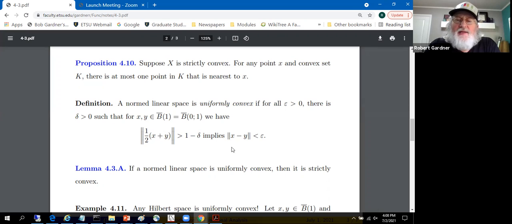But then that implies, the statement is, x minus y in the norm is less than epsilon. So the only way we can get, very informally here, 1/2 (x plus y) that vector to have a norm close to 1 is to have x and y close to each other. Well, that kind of makes sense with a magnitude and direction interpretation of vectors, one that's perfectly legitimate in Rn and maybe not in some other places, but it's good for motivation.